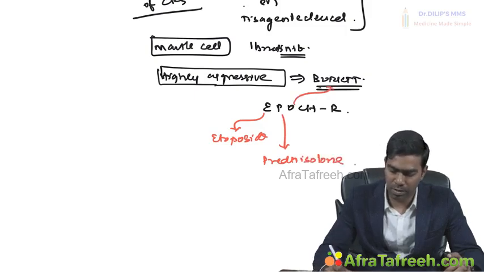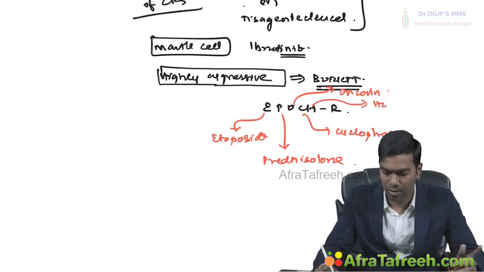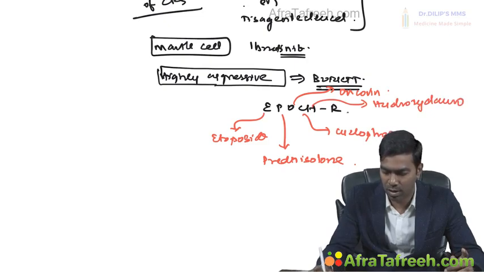From the NHL perspective, O obviously stands for Oncovin, vincristine. C stands for cyclophosphamide, which we have been discussing for a long while, and H stands for hydroxydaunorubicin, which is nothing but doxorubicin, and R stands for rituximab.